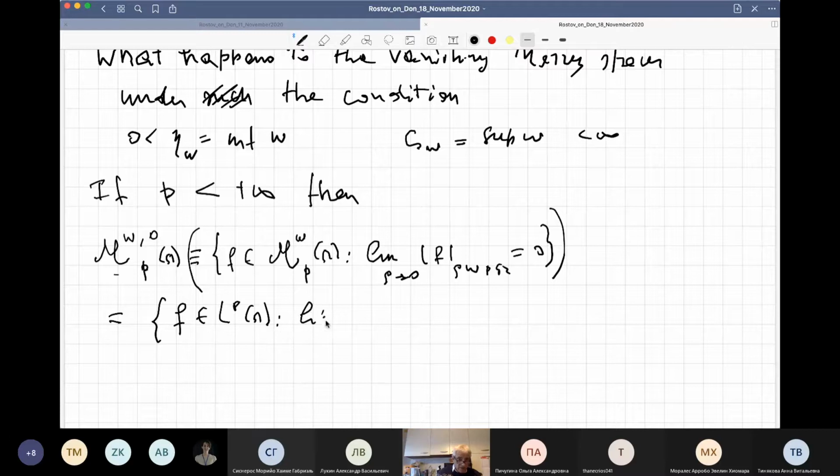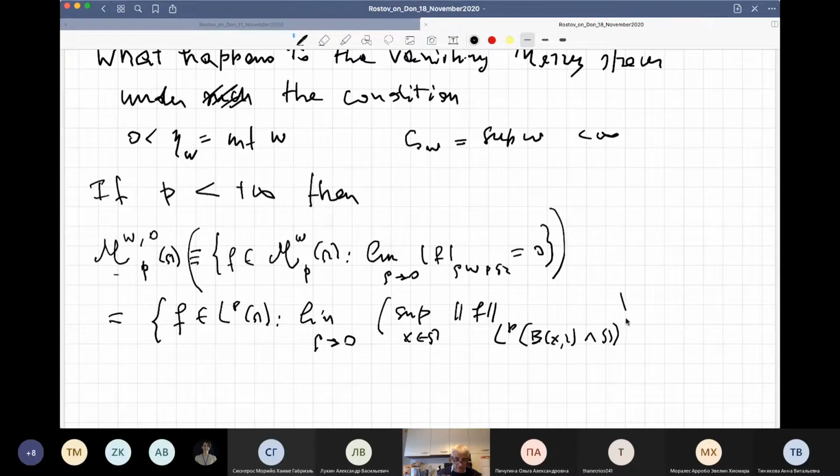Since the limit as rho tends to 0 of the supremum over x in omega of the LP norm of B(x, r) intersection omega is 0.